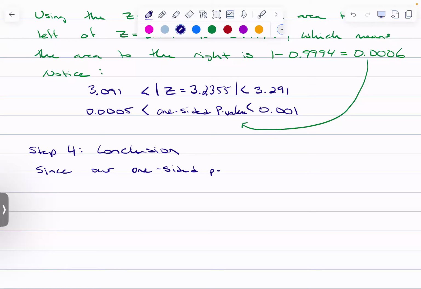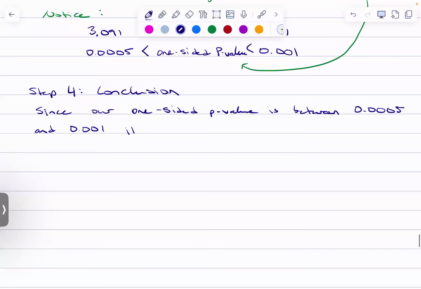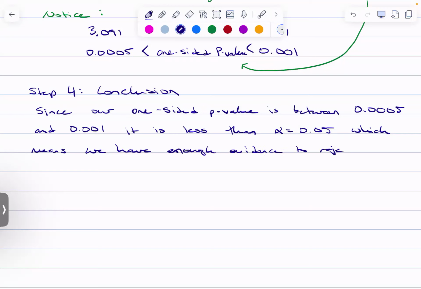Since our one-sided p-value is between 0.0005 and 0.001, and it's less than our alpha level of 0.05, alpha equals 0.05, which means we have enough evidence to reject H naught.